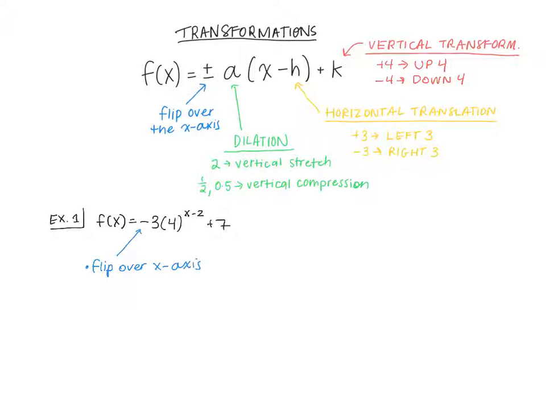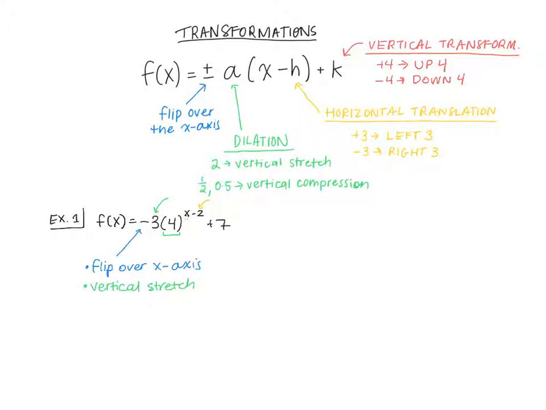The second thing I see is that I have a number outside, right? So I see this 4 is going to be my base, and we don't count that because it's attached to my x. But this 3 on the outside is a whole number, so that means I have a vertical stretch. I also have a number up here with my exponent.